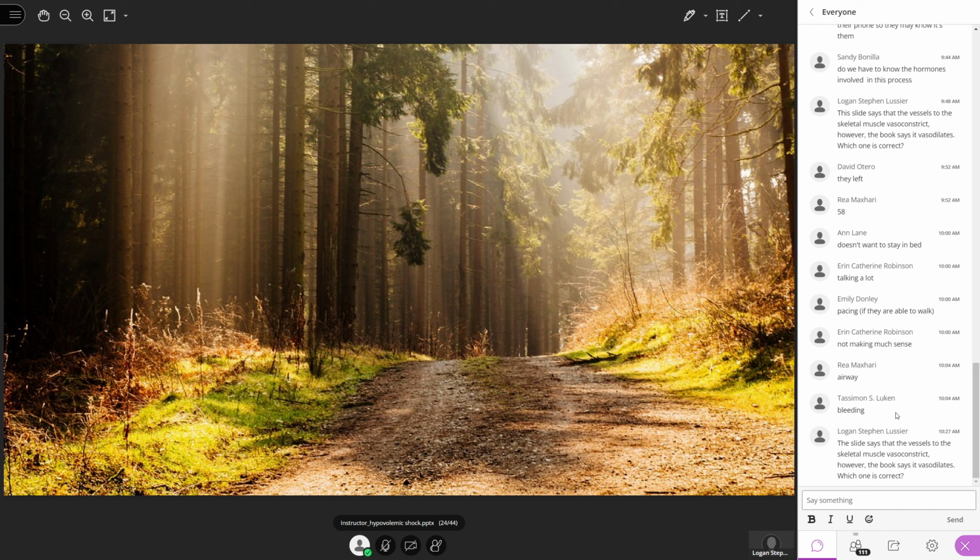I was just wondering which one. And is that vasodilation under hemorrhagic shock, or is that under a different type of shock? I think it's just the compensated shock. It might just be overall shock in general. I believe that might be overall shock.